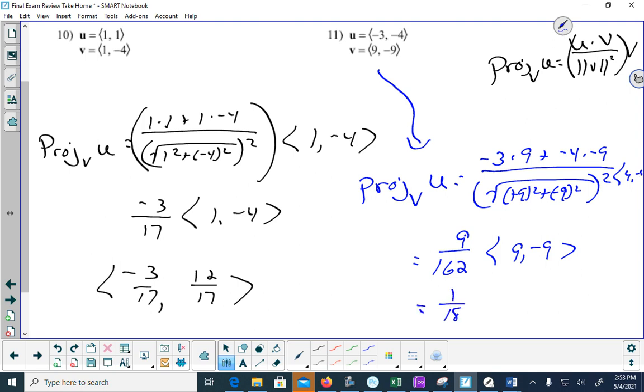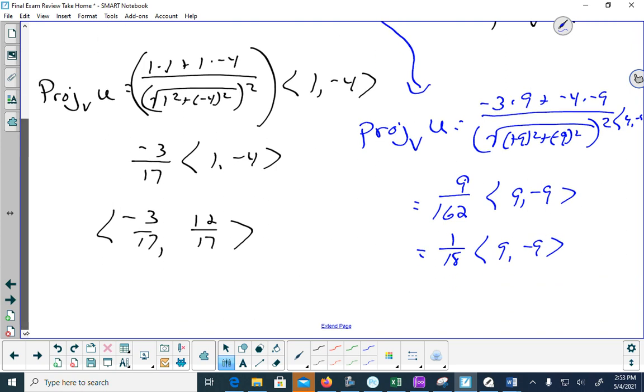If I put it in my calculator, it's going to tell me that. And you don't need to necessarily write all the steps, but your calculator is going to do a lot of this for you. So when I end up multiplying by 9, I'm going to end up getting 1/2 and negative 1/2, because 9 over 18 and negative 9 over 18 will be 1/2 and negative 1/2. And that is my projection of U onto V.